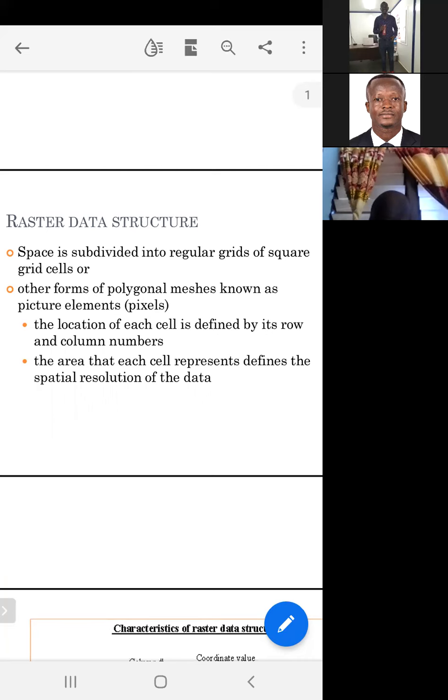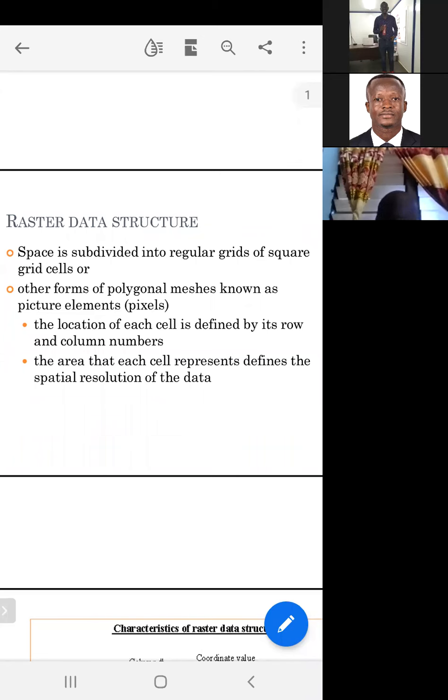And we have what we call the pixel. In every picture, the pixel is the basic element of the picture, which means that the raster data structure is synonymous with what we call a picture.